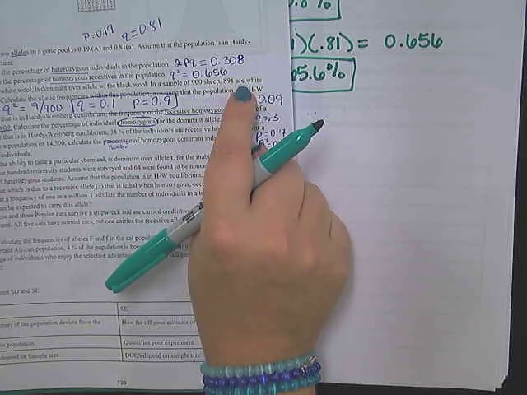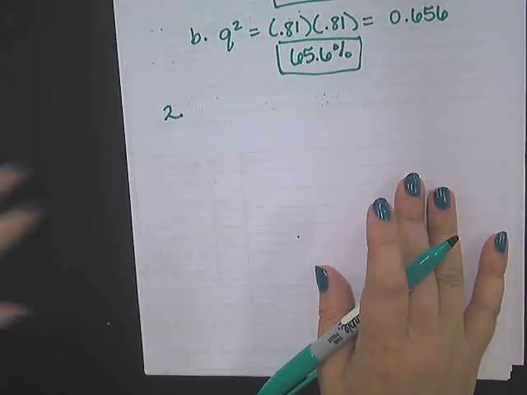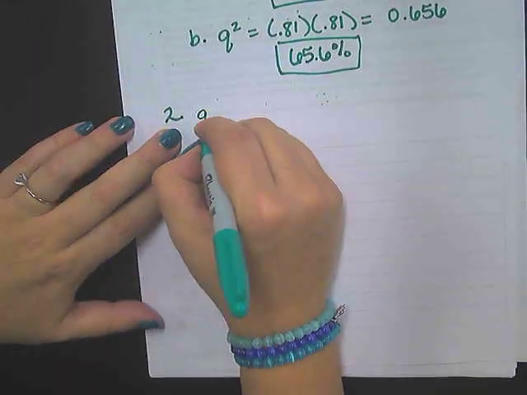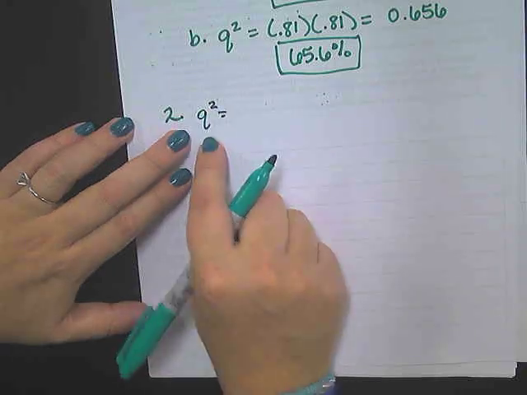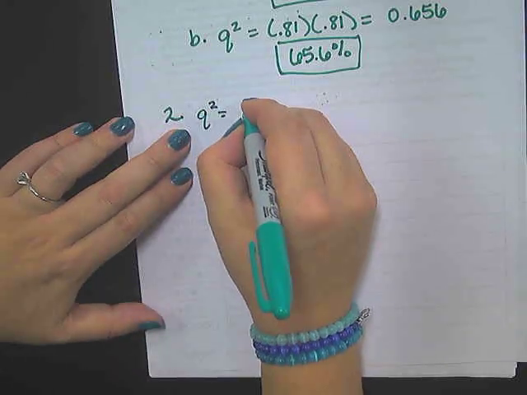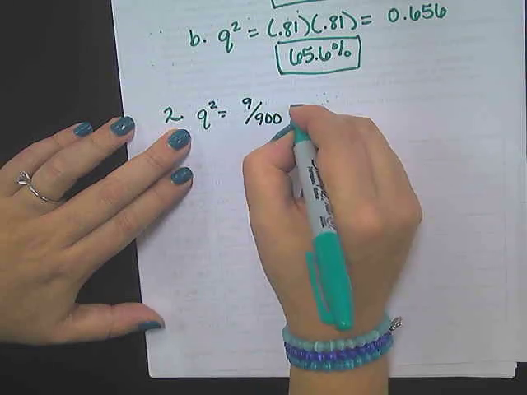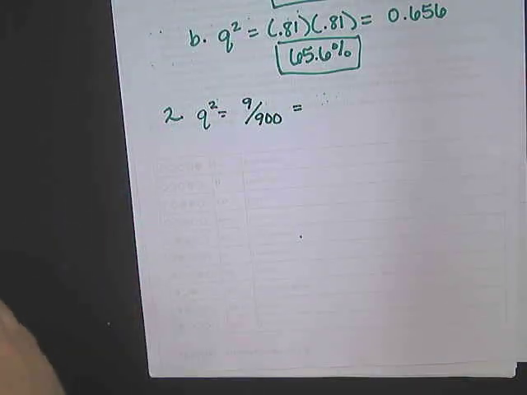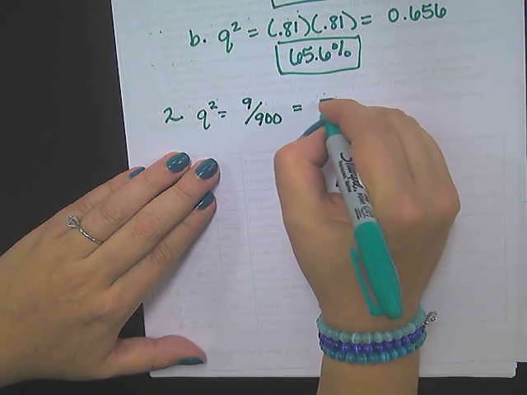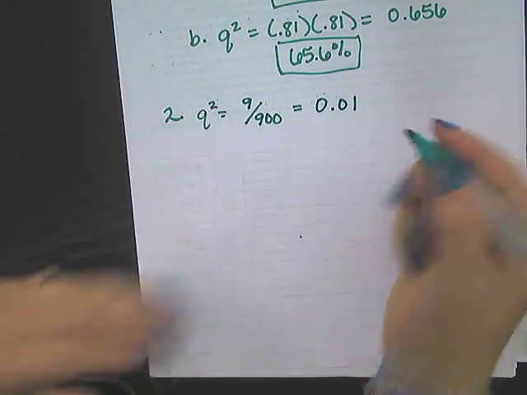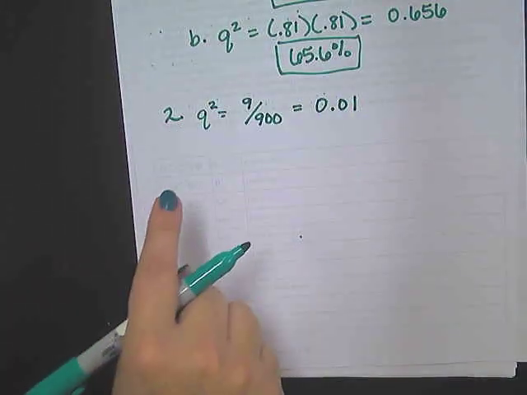So we don't start with the dominant phenotype, we start with the recessive. So in this case, your recessive phenotype is your q squared. So q squared is going to be equal to 9 out of 900. And then when you plug that into a calculator, you get 0.01. Now that is your value for q squared.